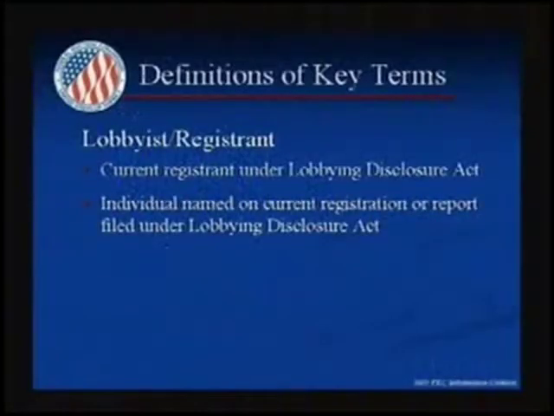Okay, so to determine if someone's a lobbyist or registrant, one way is first if they're a current registrant under the LDA and file reports with the Clerk of the House or the Secretary of the Senate, or if they're an individual who is listed on a current registration or report filed under the LDA. What that means is registrants can often be incorporated entities, trade associations, or membership organizations, and are considered registrants.